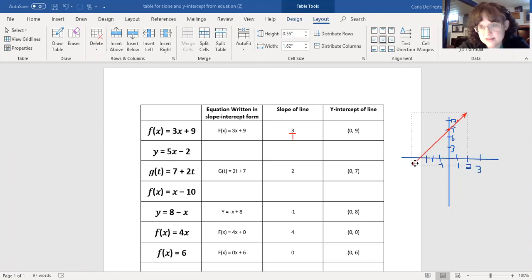You can even extend it down if you want to approximate where it would cross the x-axis. You could do that on paper just with a straight edge. You can extend it out. So now you have the ability to look at this, pick out the slope and the y-intercept, and then graph, 1, 2, 3. I hope this made sense.